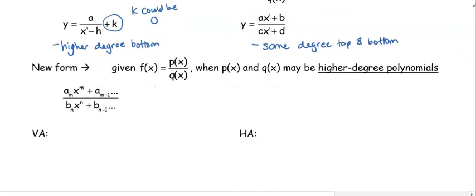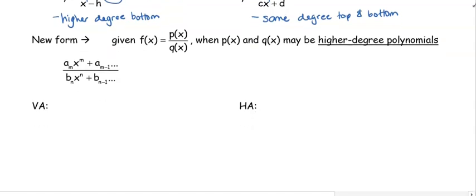For all three of these, so the two that we're reviewing and the new one, we are going to find the vertical asymptote the same way for every single one of these three different forms. The VA, which is the vertical asymptote, we find by setting the denominator equal to 0.